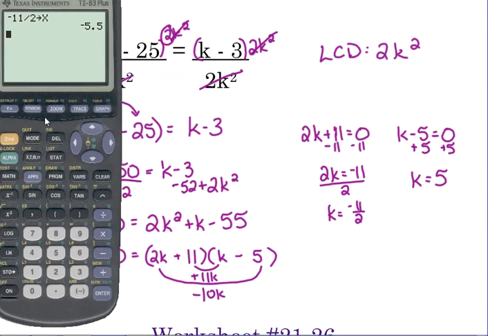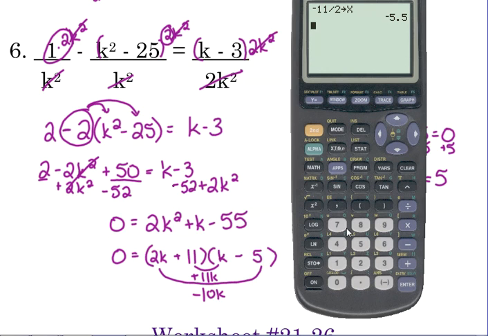Store negative 11 over 2 as x and plug it in. 1 over x squared. You can put parentheses there. You really don't have to have parentheses. I'll go ahead and put them just so we're in the habit. It never hurts to have them unless you just don't put them in the right place.